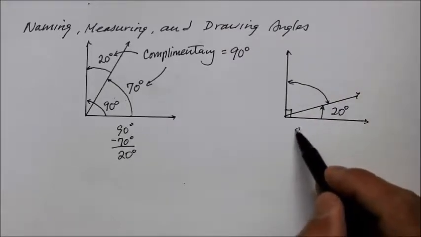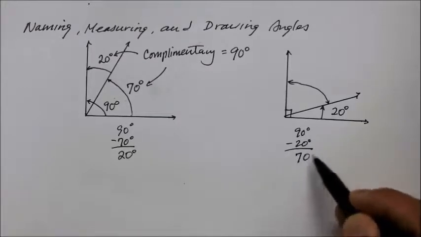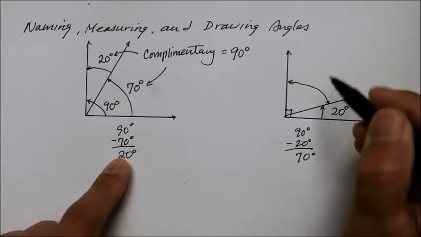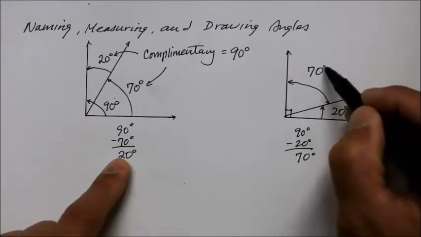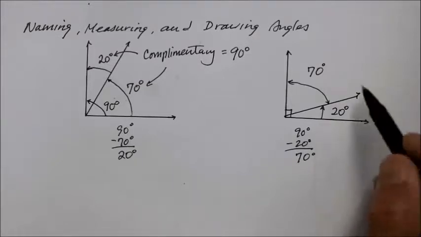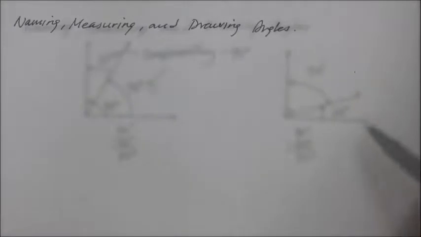Yeah, so that'll be simply 90 degrees minus the 20. That'll be 70 degrees. Oh, it's the reverse of this one. That was not very original. But once again, you got the idea. The complementary angles, two angles that add up to be 90 degrees.